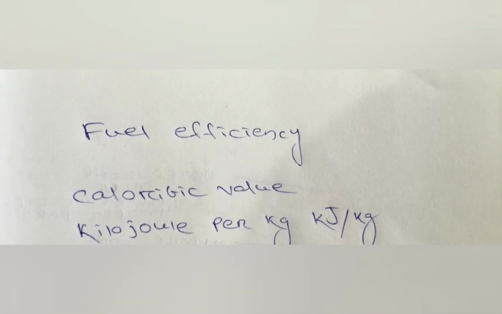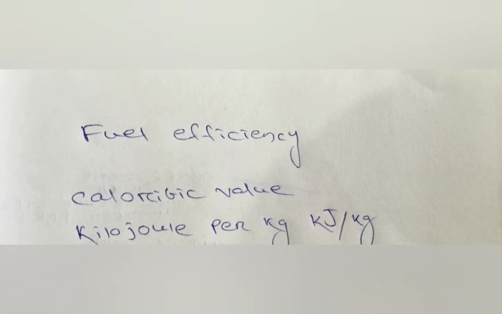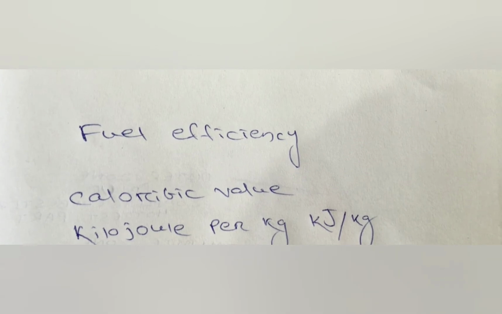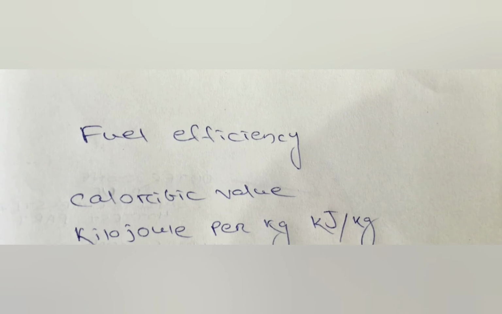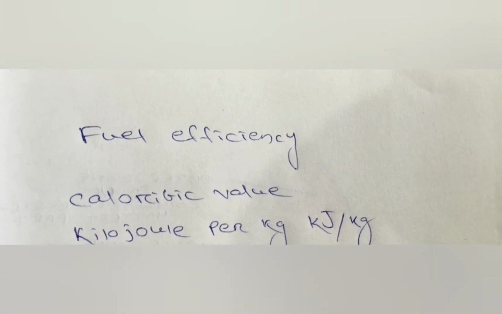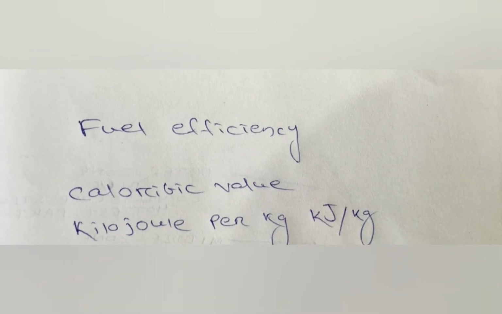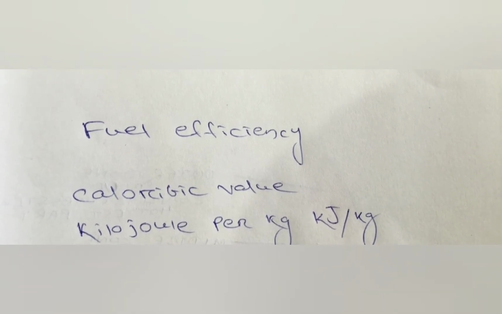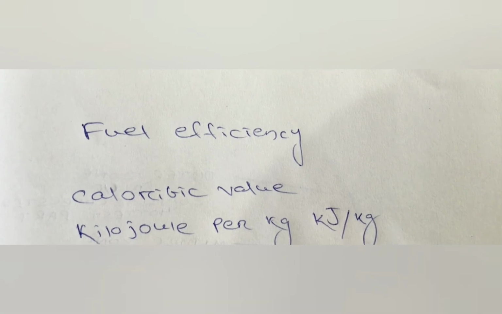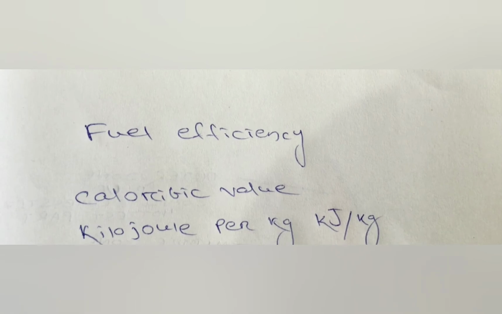Here heat is energy, energy is the capacity to do work, so heat energy may be expressed in terms of joule, and 1000 joule makes a kilojoule. That means when 1 kg of fuel is burnt, that is, complete combustion occurs, whatever amount of heat we get, we will calculate it in terms of kilojoule, and that will be expressed as kilojoule per kg. That will be identified as its calorific value.